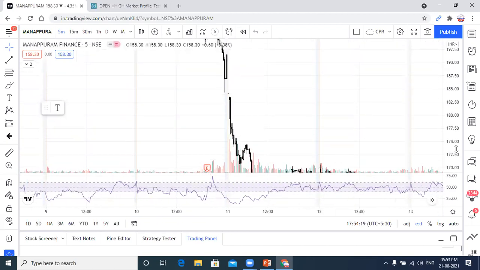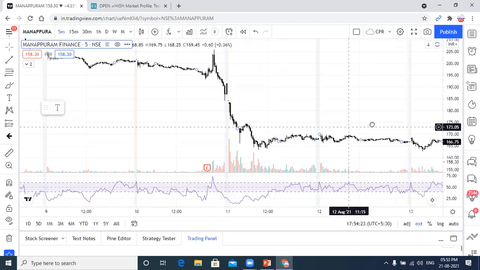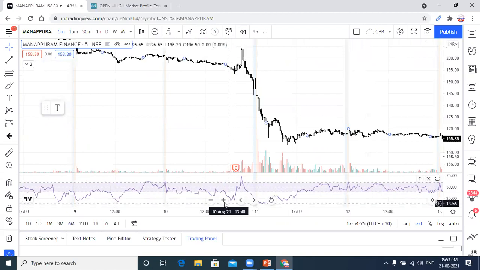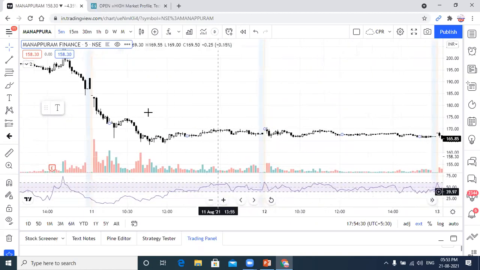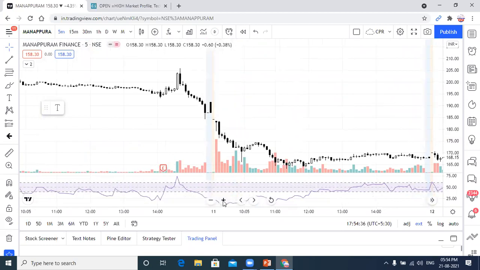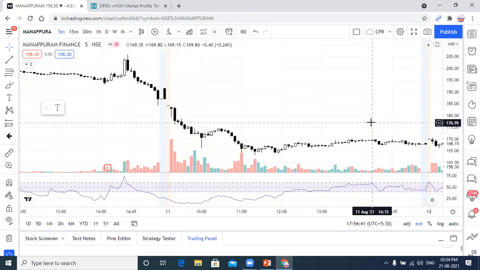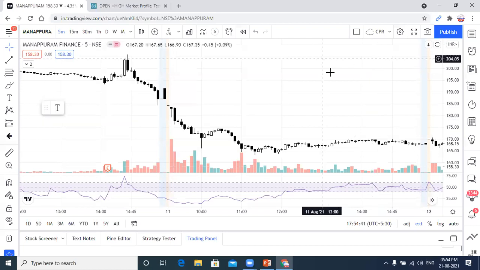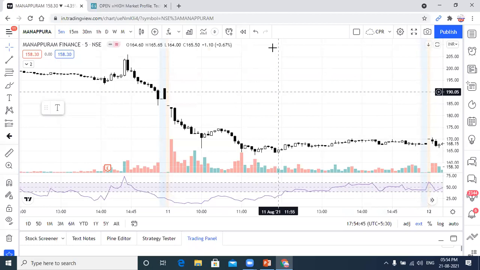Okay, so guys, can you see the setup in Manappuram Finance, on which date? Now try to identify on which date you got a gap down opening with open equal to high formation. Is there any setup? If yes, on which date?